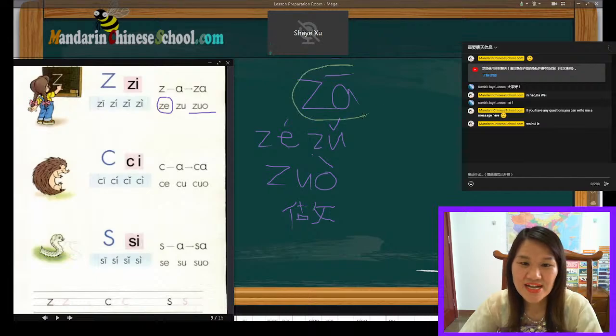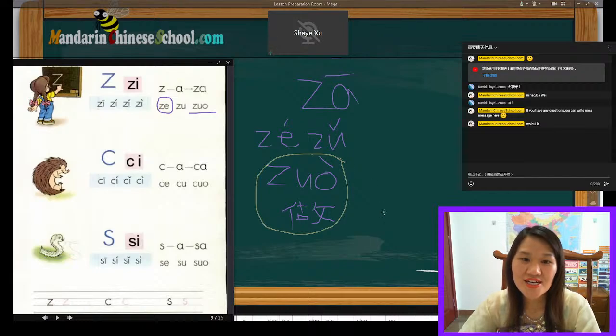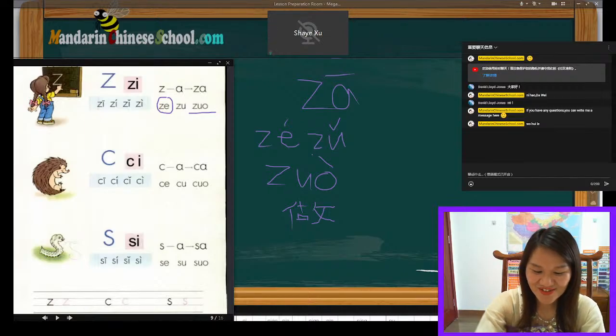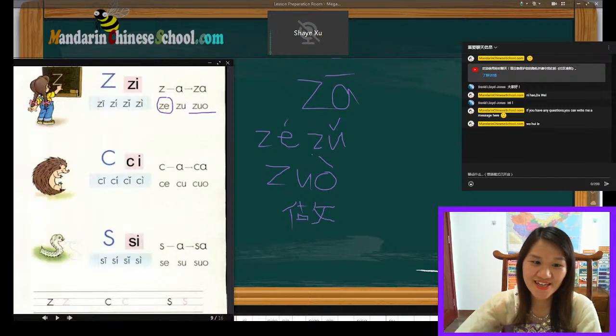Let's read it again. 扎扎则则组组做做，你会了吗？你会了吗？If you know it, if you get it, you say 我会了, right? 我会了.